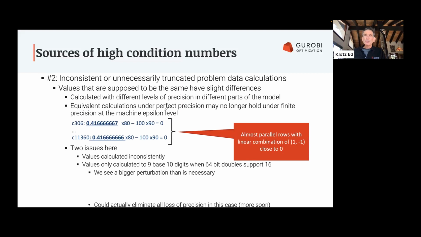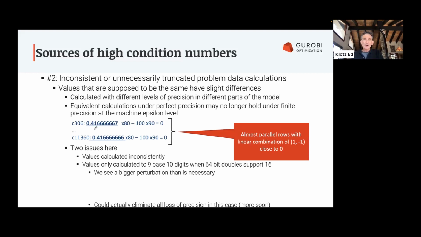Those different calculation methodologies might be equivalent under perfect precision, but might no longer hold under finite precision. All of these things can lead to slight differences. And then also truncation that is unnecessary.